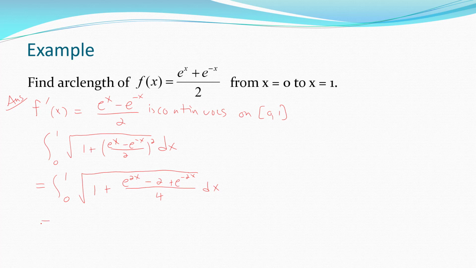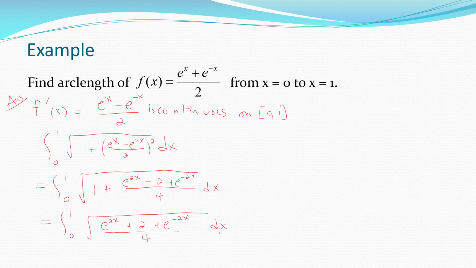If you add that together, using common denominators, the common denominator would be a 4. So you'd wind up getting e^(2x) plus 2 plus e^(−2x), all over 4, dx.